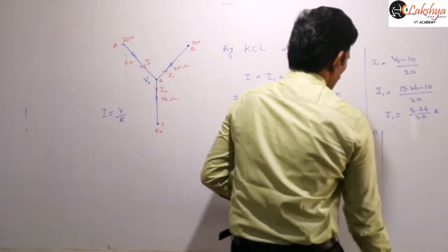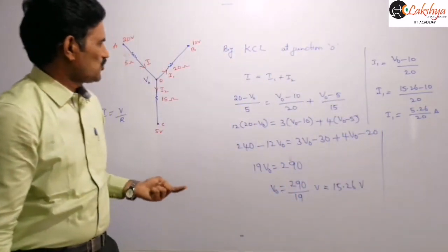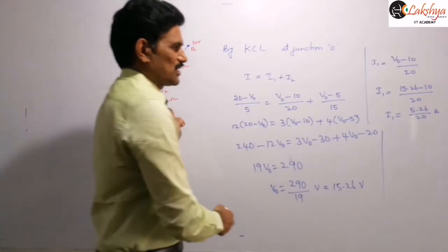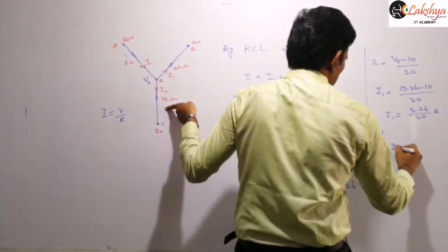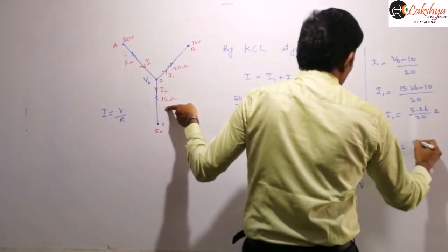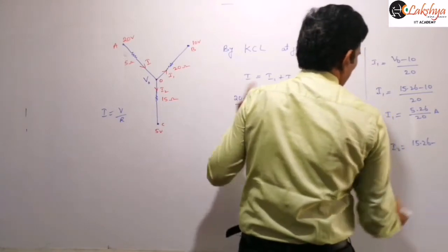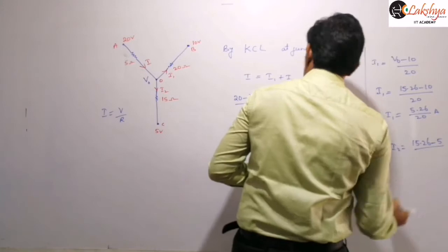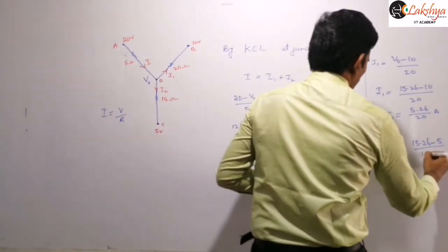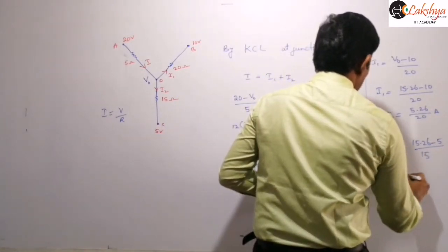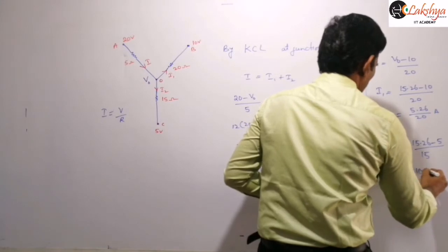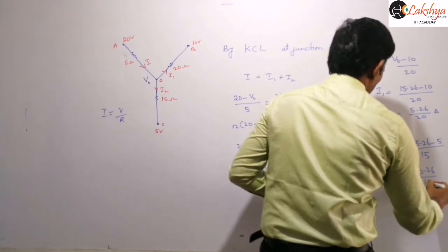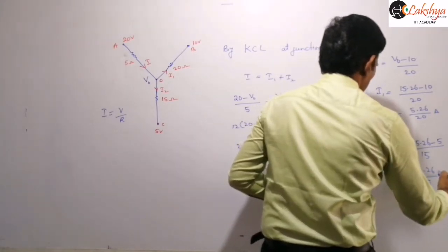And similarly now you can find this I2 value also. This I2 is actually the current for the 15 ohms our question asks about. So this is 15.26 minus this voltage 5, by this resistance 15. And so this I2 value will be 10.26 by 15 amperes.